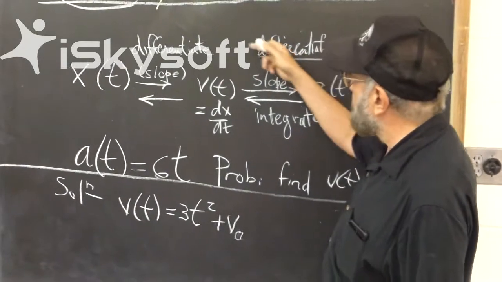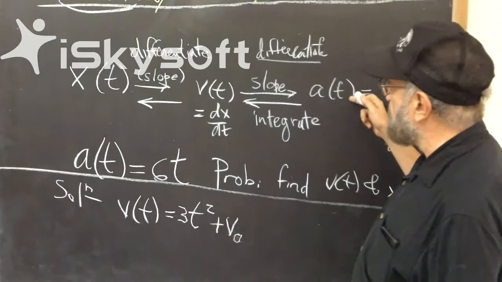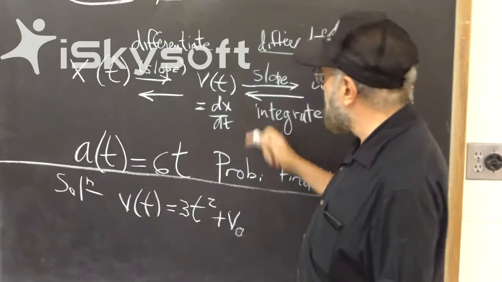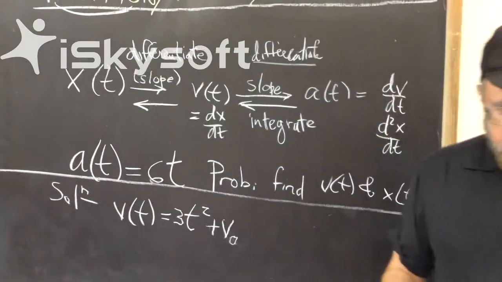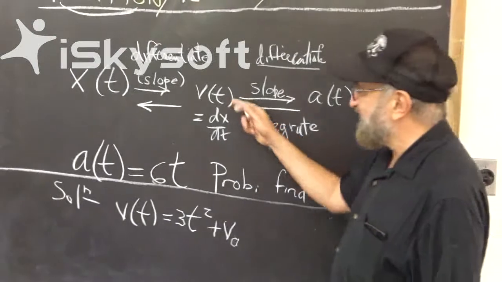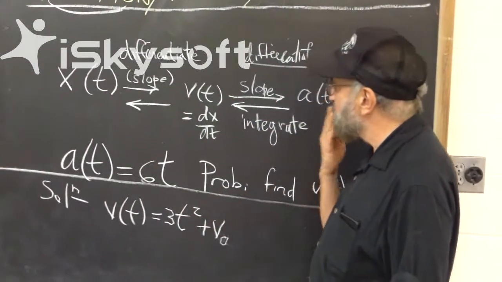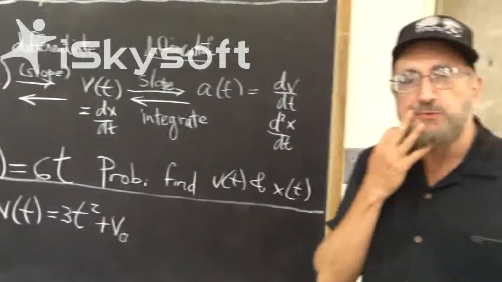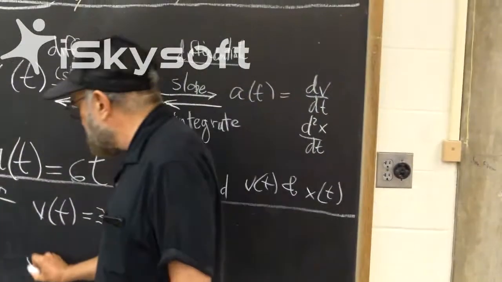You differentiate to find the slope of the function. You integrate to find the antiderivative, that function which would have been a constant. I mean, would have been the velocity. Can you think of what the function would be to get x in this case?